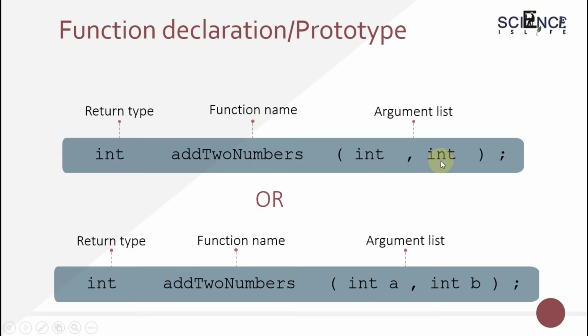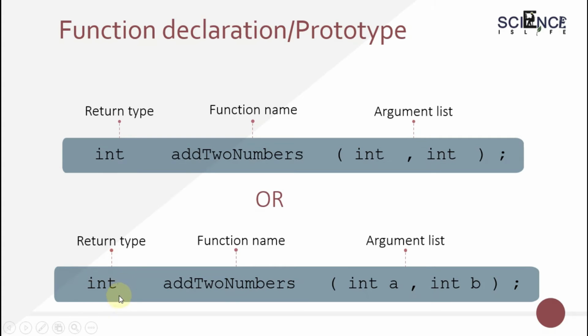So if you use a parameter, then we need to mention the data type of that parameter, right? You will learn why we use these parameters. This is the first method, and the second method is also the same as before.